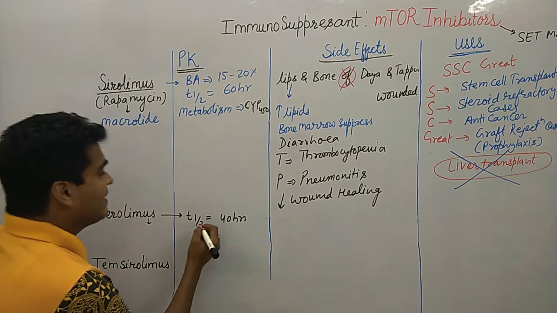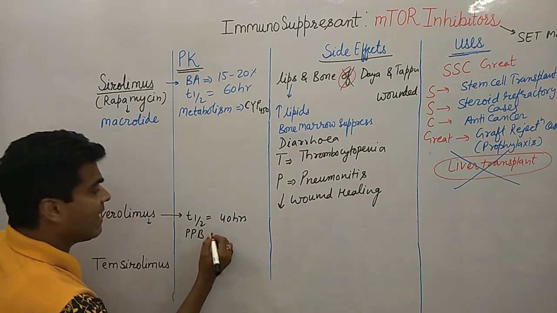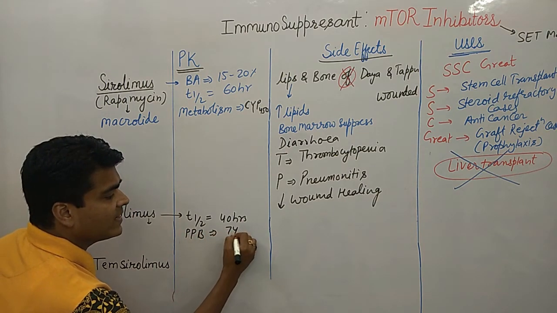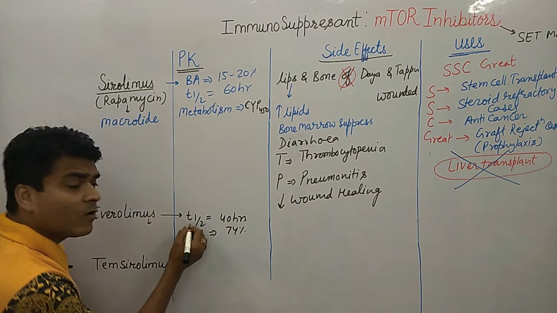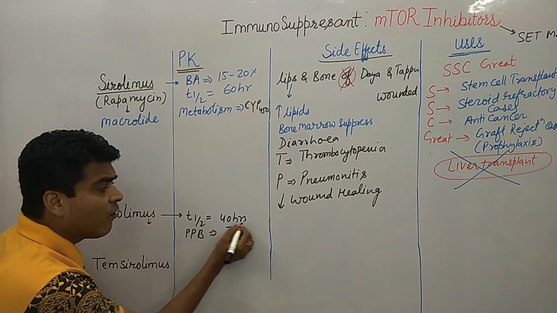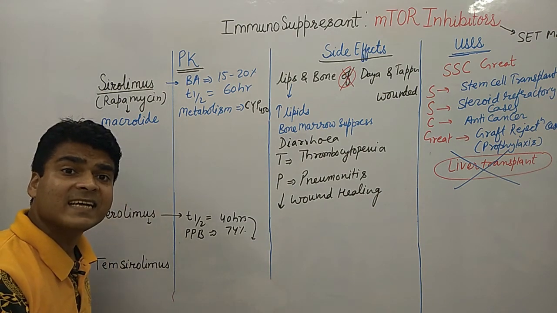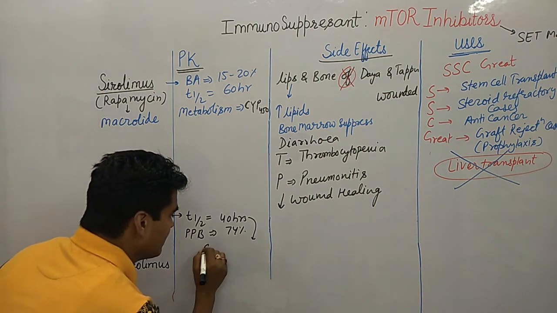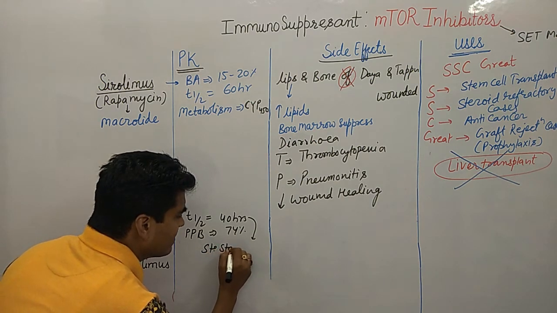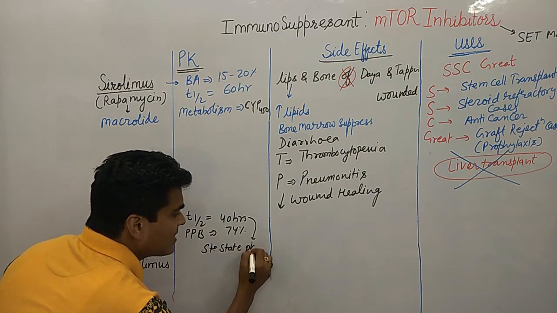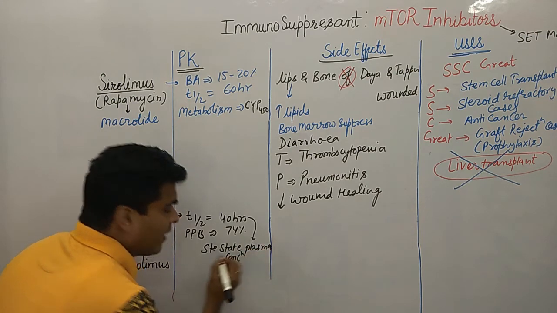The plasma protein binding of everolimus is almost 74%, and because the T half is 40 hours, it can produce steady state plasma concentration.